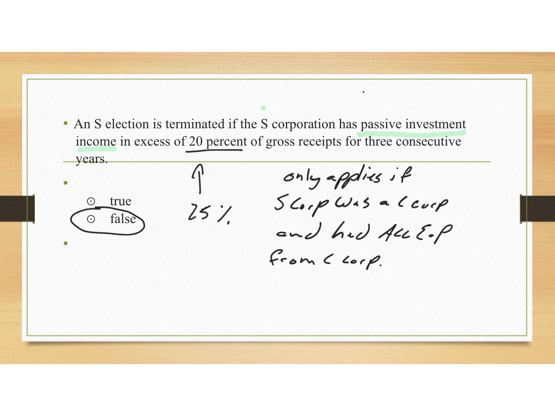Okay, and so if the passive investment income exceeds 25% of gross receipts, all right, like it says in this question, for 3 years, then you have to pay an excess net passive income tax. Okay.